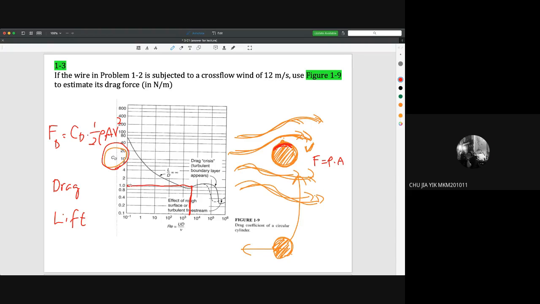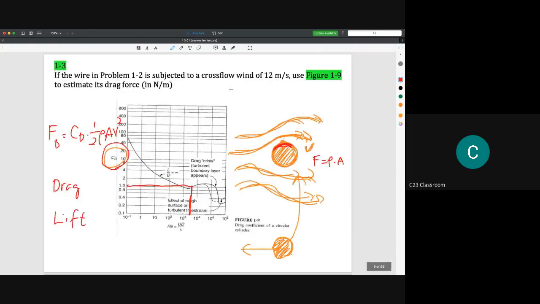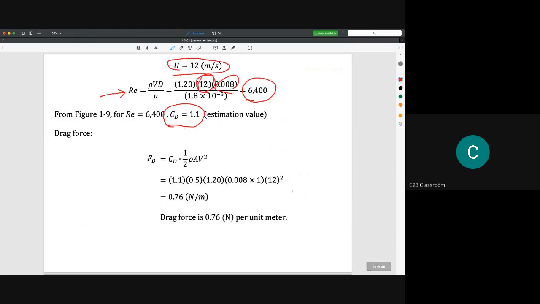Then how do you get the diameter? Okay, this might be an assumption. We don't have any diameter here. Let's say the sphere is 0.008 meter.